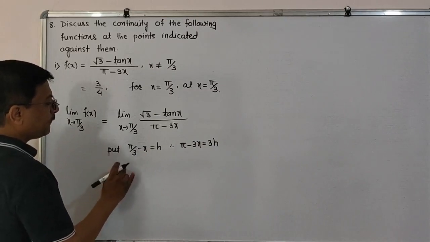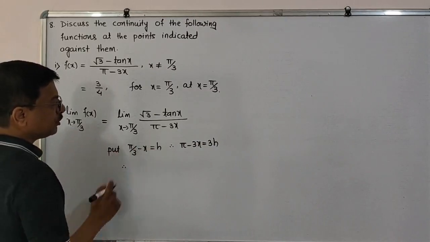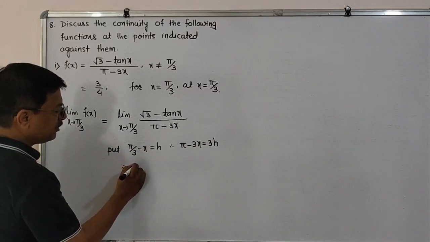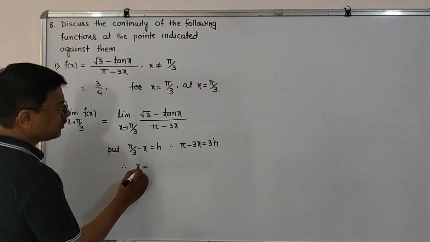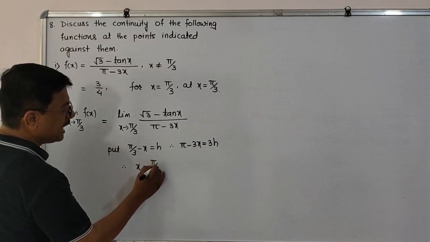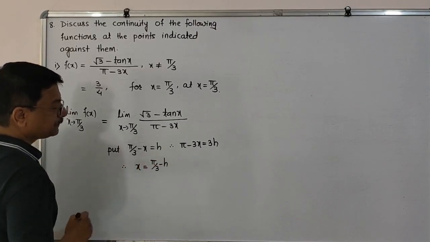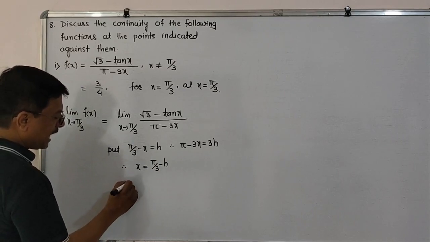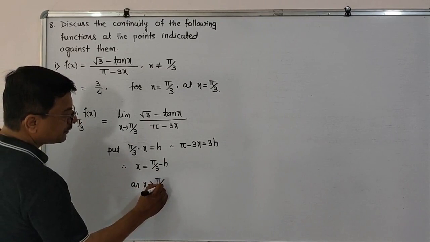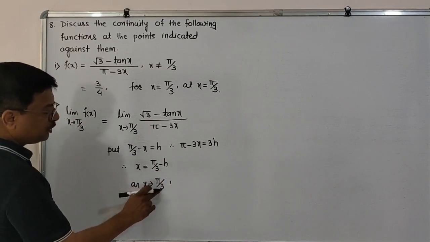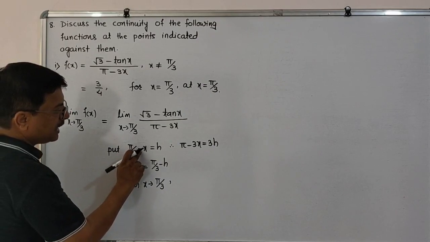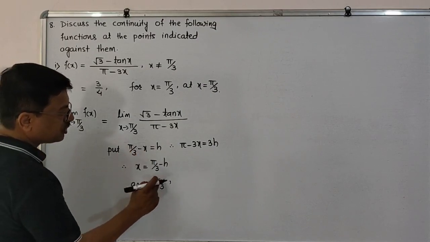And from pi by 3 minus x is equal to h, we can say that x is equal to pi by 3 minus h. As x tends to pi by 3, if we substitute pi by 3 here, pi by 3 minus pi by 3 becomes 0.